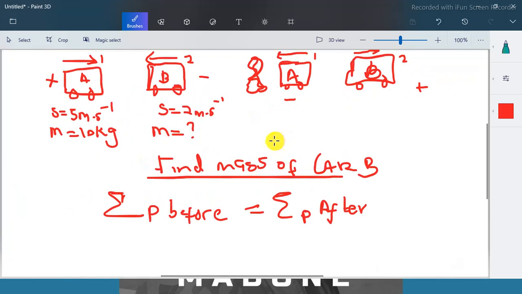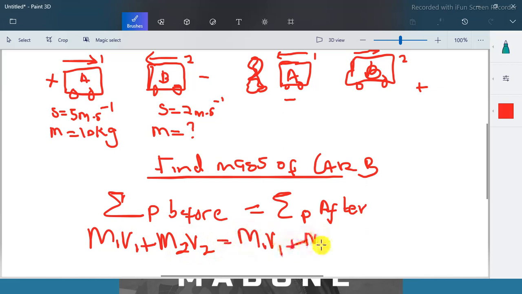So now we can write our famous formula, our easiest formula ever: M1V1 plus M2V2. Okay, guys, I need you to take down notes and record whatever is happening here.